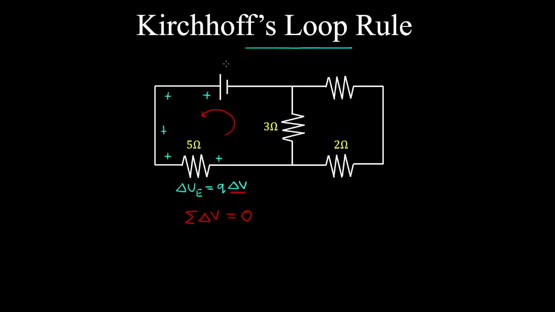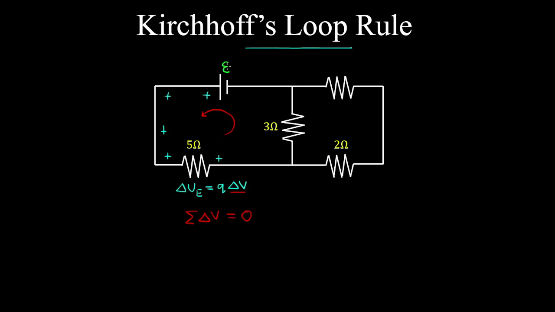So for example, if we have an EMF in this battery and we travel along the direction of the positive charges, so in line with the conventional current, in other words, we're traversing this loop counterclockwise.